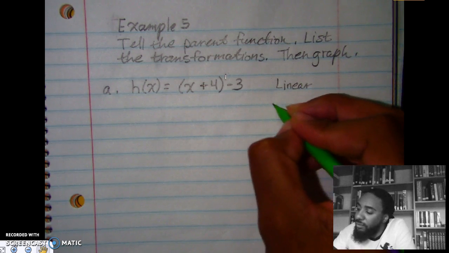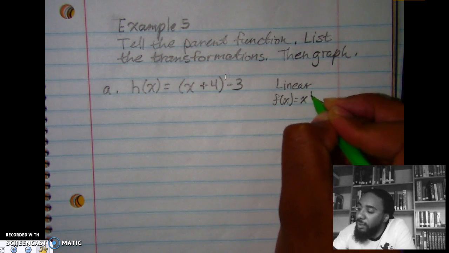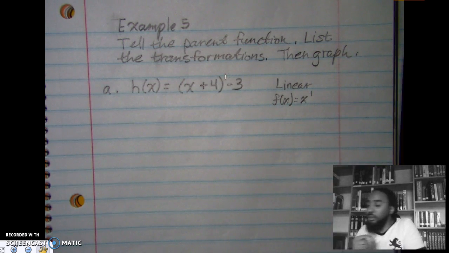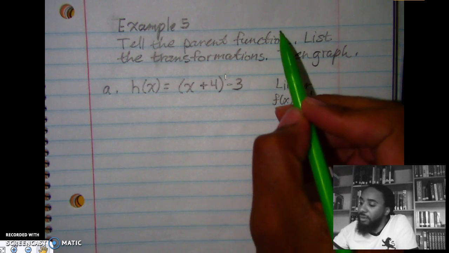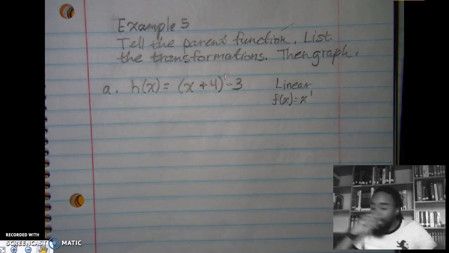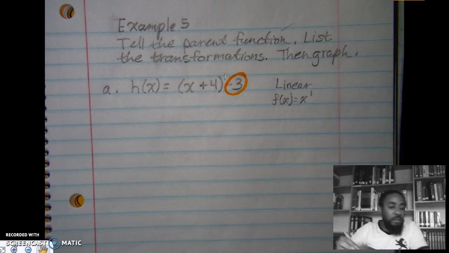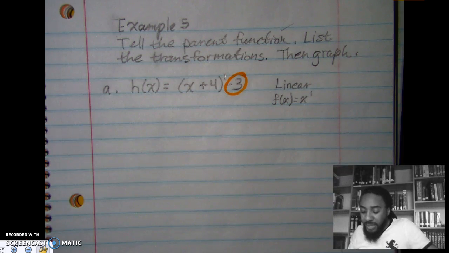That was the f of x equals x, because that was to the 1 power there. So that's a linear function. Right? So now, again, we talked about the parent function. Now we need list of transformations. So the things that are happening here, and I like to go from the back to the front. So here, is that going left to right or up or down?